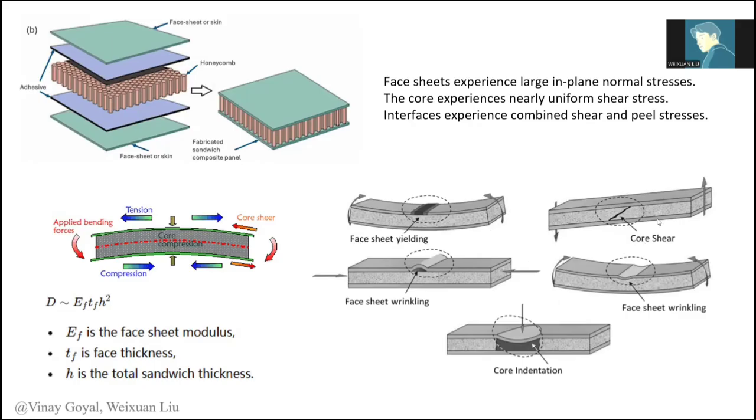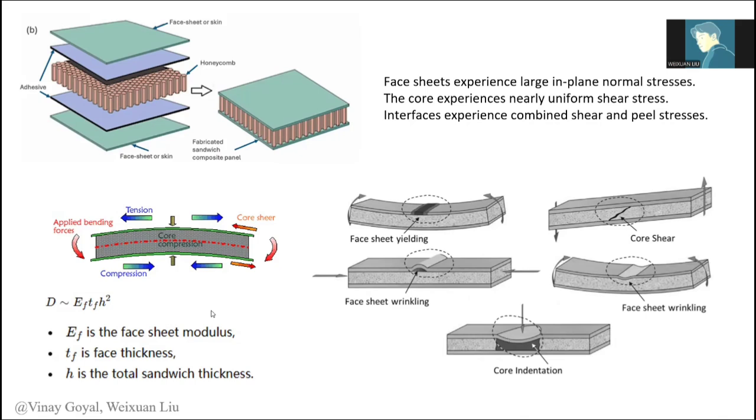With large shear force, the face sheet wouldn't deform too much, but the core will undergo large core shear and will fracture at 45 degrees. Also keep in mind that under some circumstances, we may have core indentation, with some object dropped onto the face sheet.